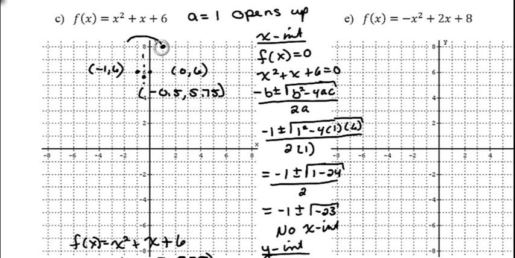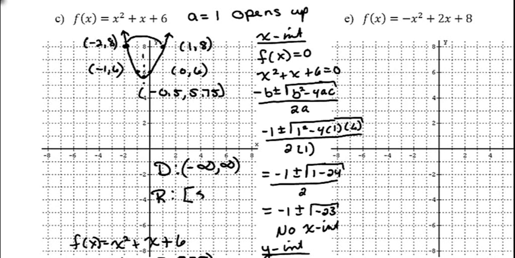So this is 1.5 units away from the vertex, and so we want to go 1.5 units the other direction from the vertex to get another point. So we have a point at 1, 8, and then we also have a point at -2, 8. Then you can draw in your parabola and do our domain and range. Domain is -infinity to infinity. And the range, because this one is opening up, it will go from the vertex up to +infinity. And our vertex was at 5.75, and that'll go up to +infinity.